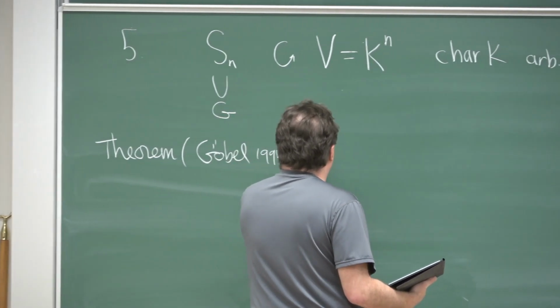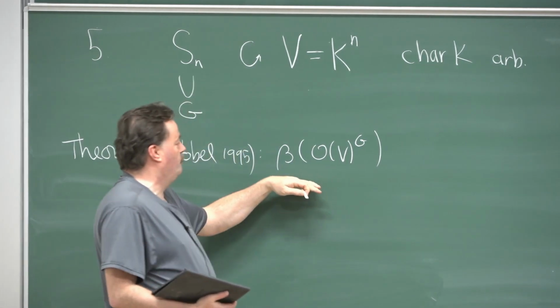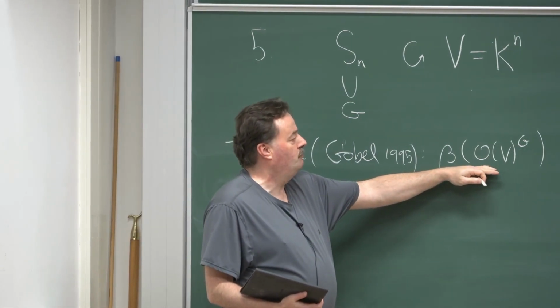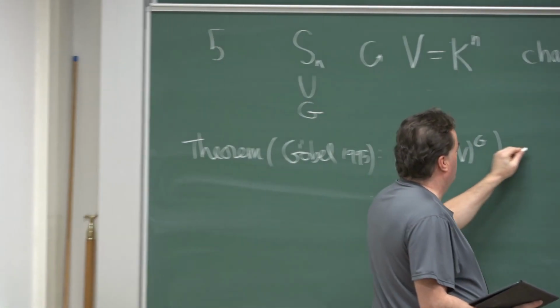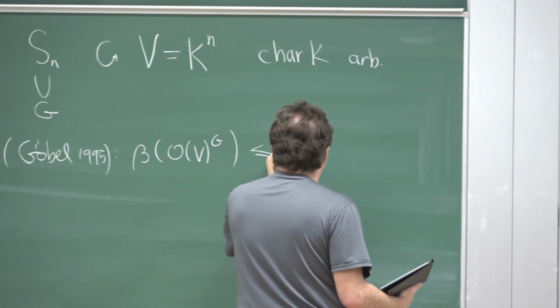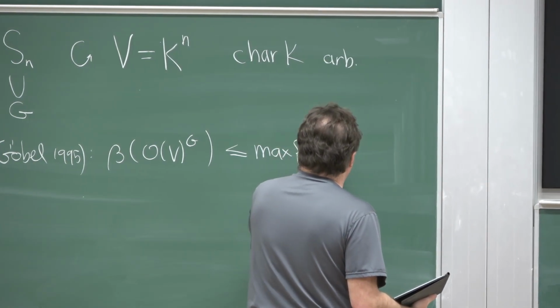Namely, remember this beta, this is a bound for the degree up to which you have to go to find a set of generating invariants. This is less or equal than the maximum of n and n choose 2.